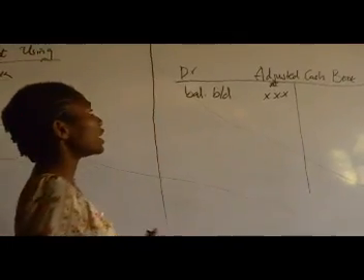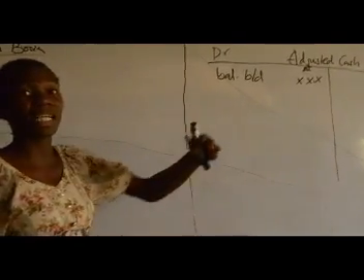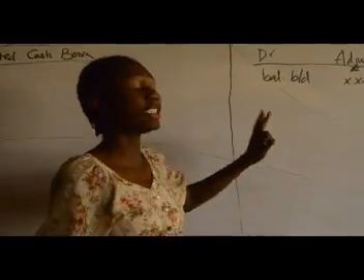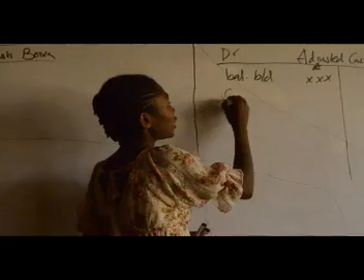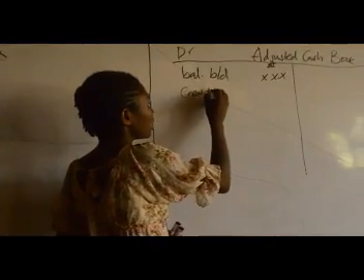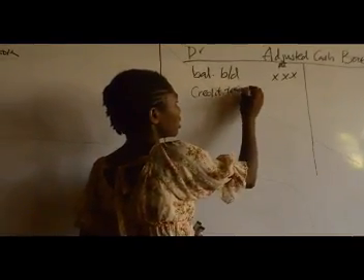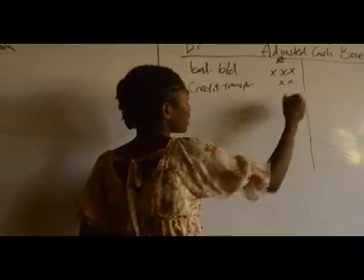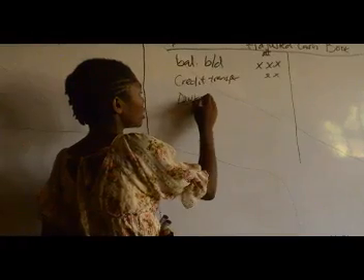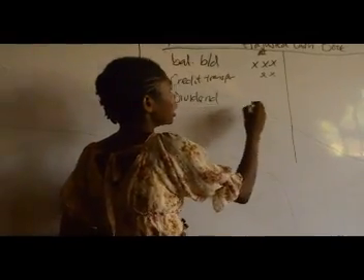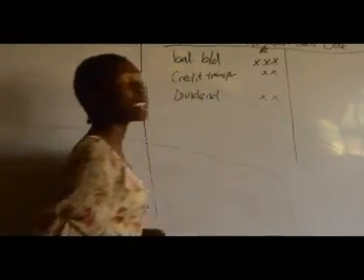In our cash book, our credit side is for giving out and our debit side is for receiving. So everything that has to do with income is debited: your credit transfer, your dividend, and other incomes.